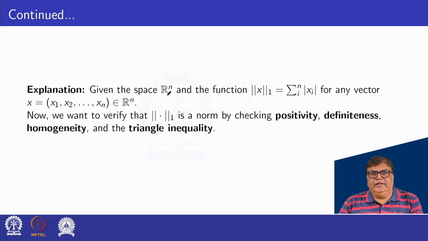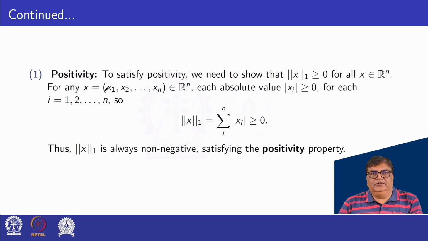Explanation. Given the space Rn and the function norm x1 defined as summation mod xi, i equal to 1 to n, for any vector x equal to x1, x2 and so on xn. First, norm x1 is greater than or equal to 0, that is always non-negative, because mod xi is greater than or equal to 0.